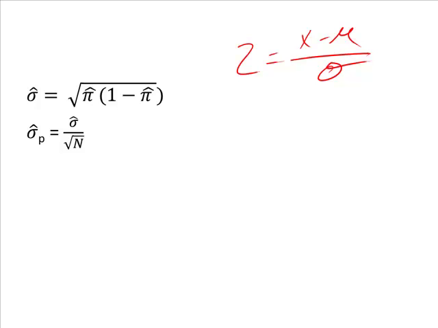When we use our z-scores, we usually are talking about the difference in the mean divided by the overall variability of our data.